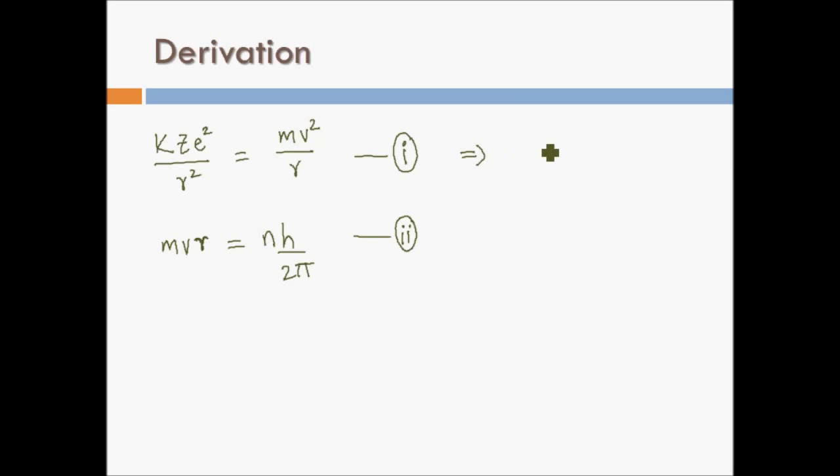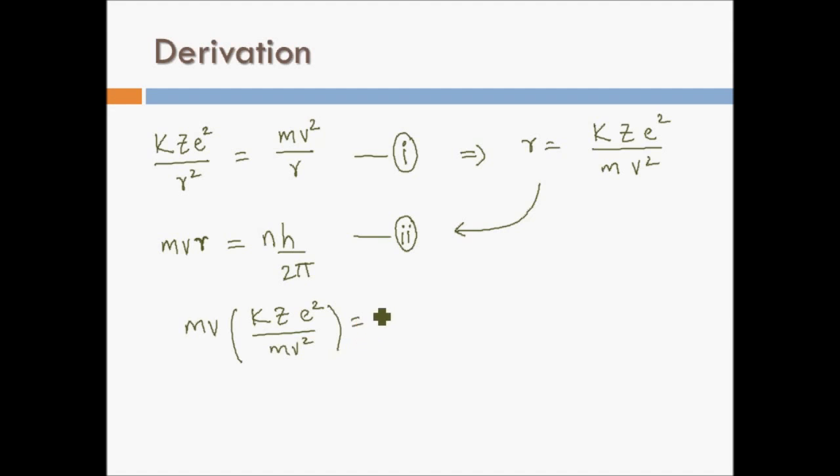Let's calculate radius value from the first equation. So r over here is k z e square divided by m v square. And simply substitute this r value into the second equation. As soon as you substitute the r value in the second equation, you get m into v into k z e square divided by m v square is equal to n h by 2 pi.